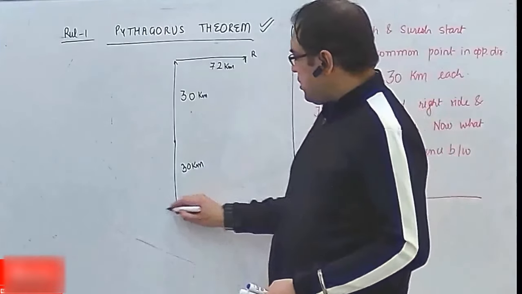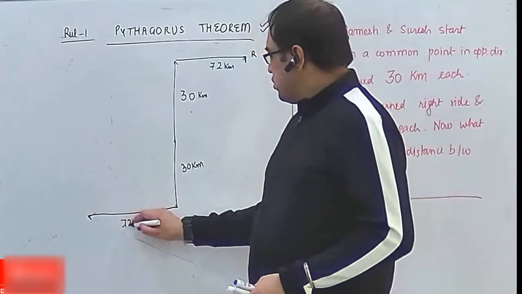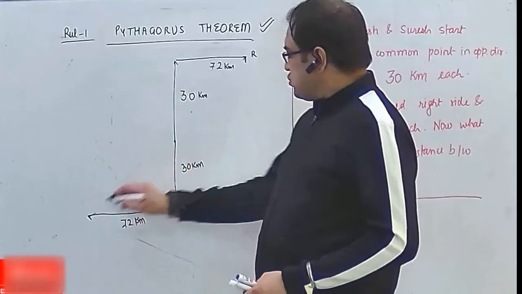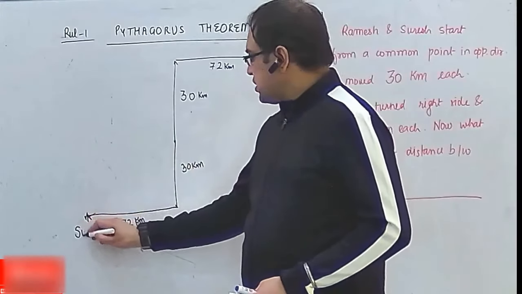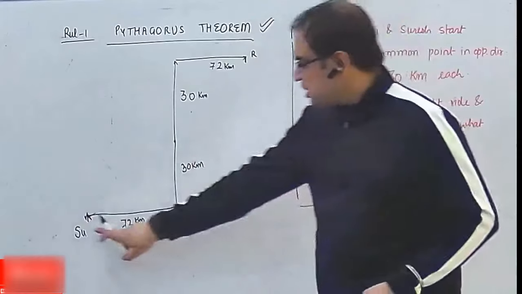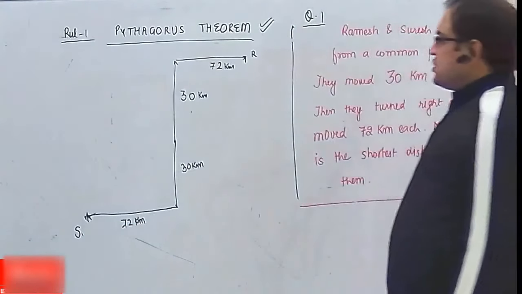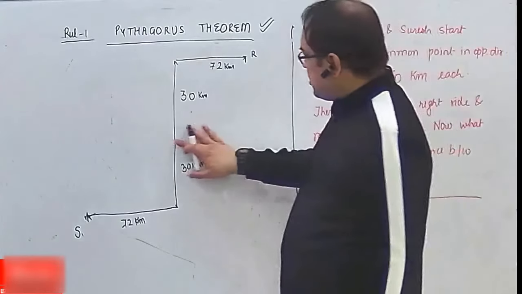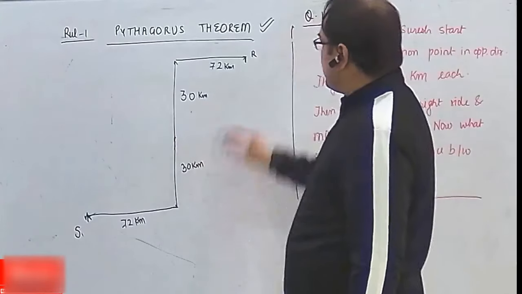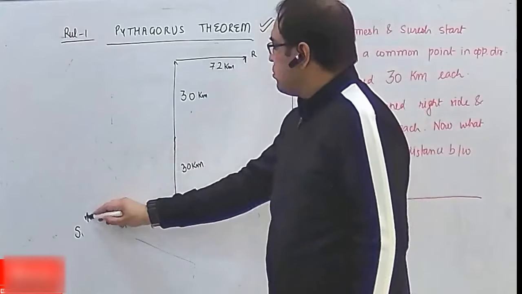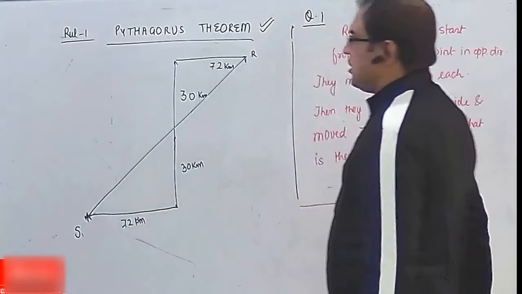Right side will be west. So he goes 72 kilometers here. So right now Suresh is here. Here is Ramesh, here is Suresh. What is the shortest distance between them? The shortest distance will be the direct line from where each can see the other.